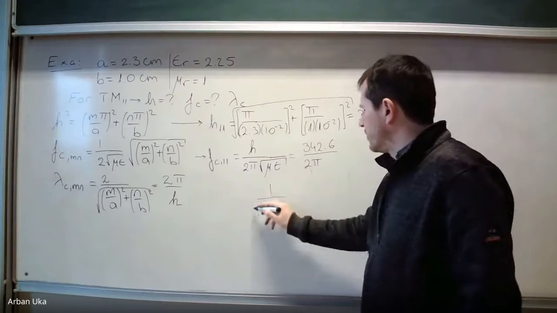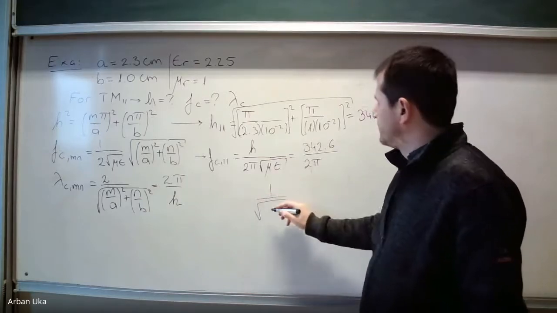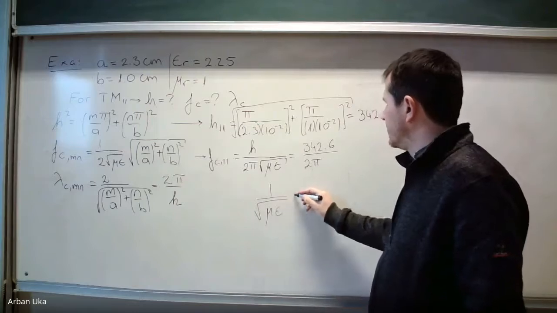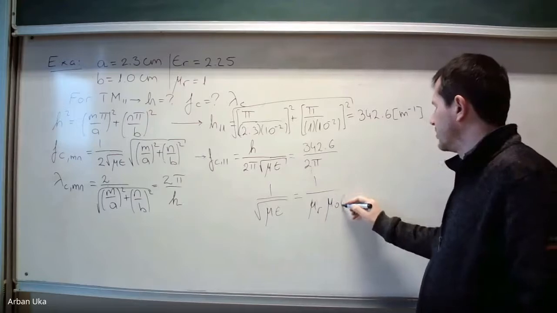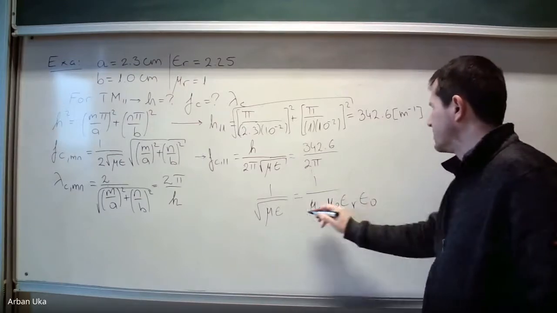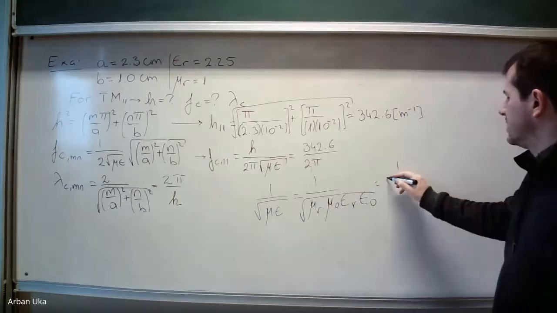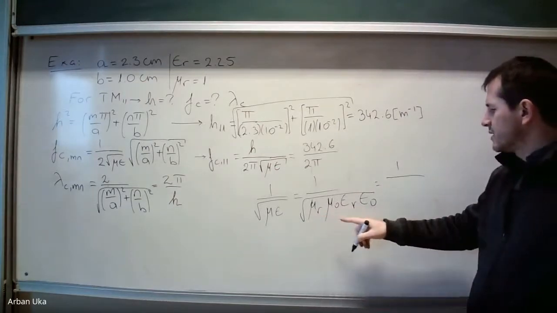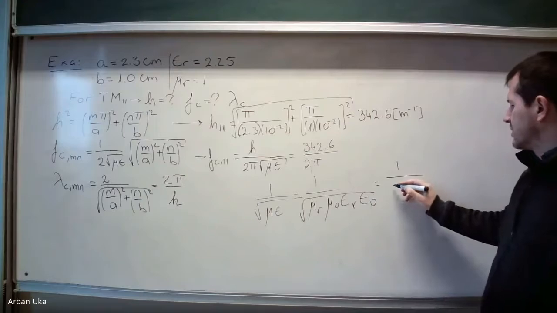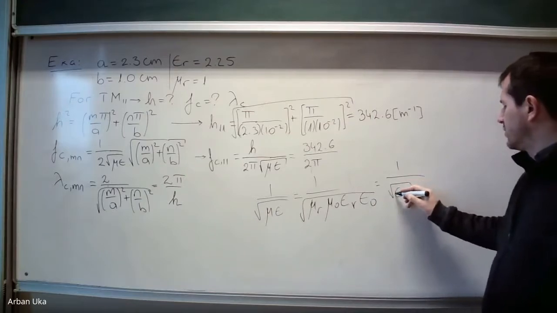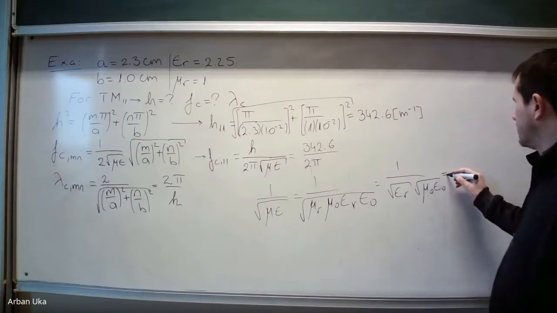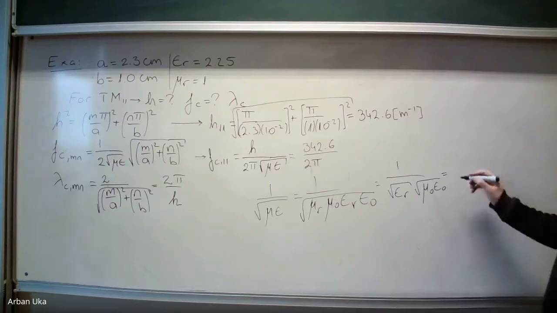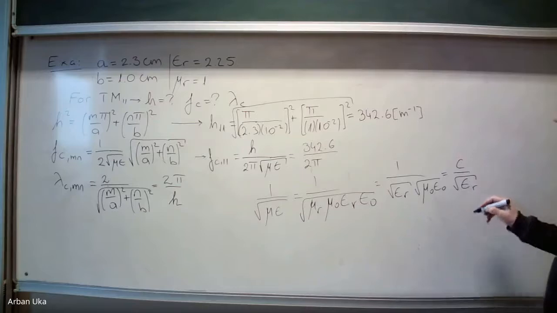This is 1 over the square root of mu r mu 0 epsilon r epsilon 0. Mu r is 1, so this is 1 over the square root of epsilon r, mu 0, epsilon 0, and 1 over the square root of mu 0 epsilon 0 is the speed of light c, divided by the square root of epsilon r.